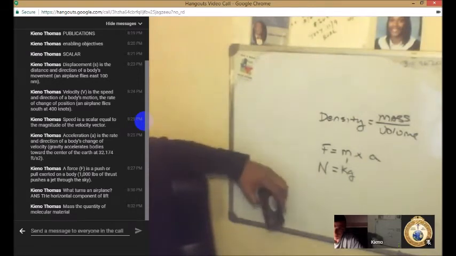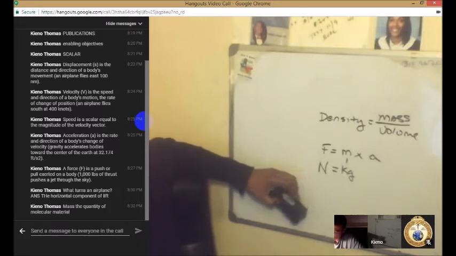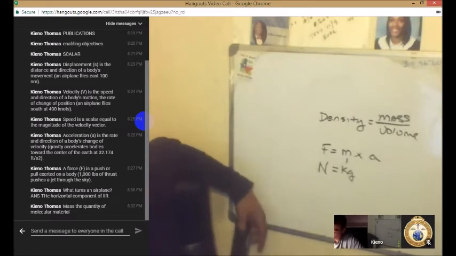So density is mass over volume. Force equals mass times acceleration. And the force will be in newtons. The mass will be in kilograms, and acceleration in meters per second squared.